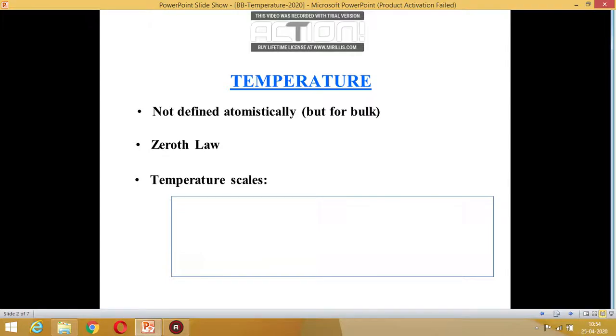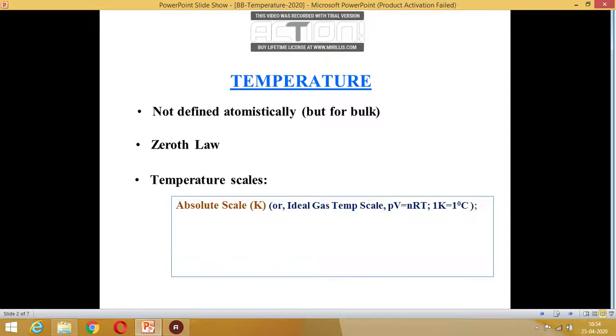Broadly there are 4 types of temperature scales, out of which one of the most popular is the Kelvin absolute temperature scale, or sometimes it is also referred to as the ideal gas temperature scale, and that's why PV equals nRT has the T which is absolute temperature, and 1 degree Kelvin is equal to 1 degree centigrade.